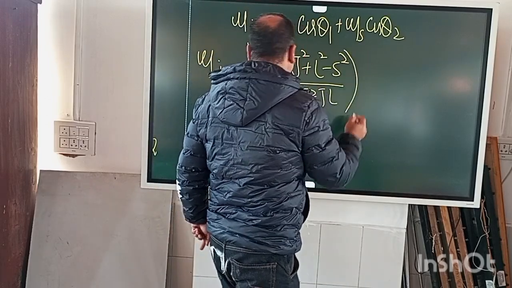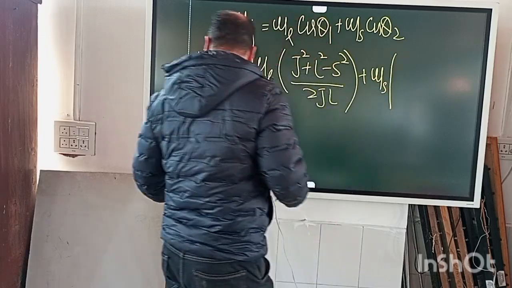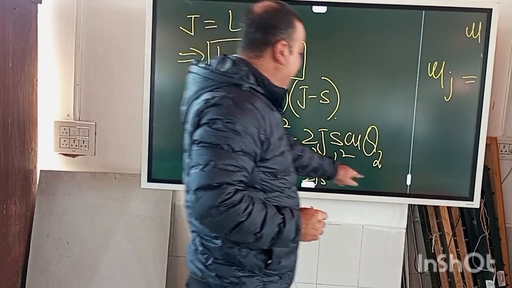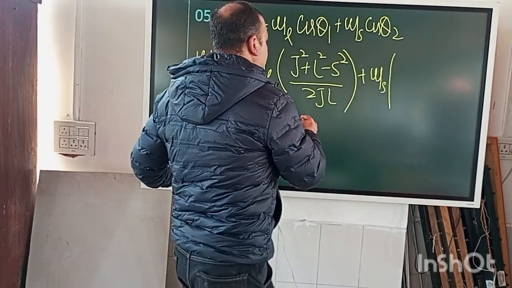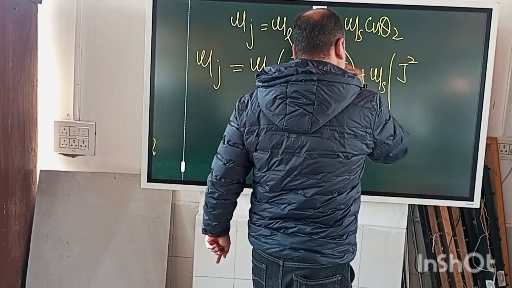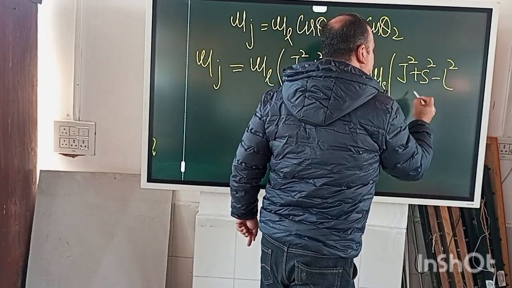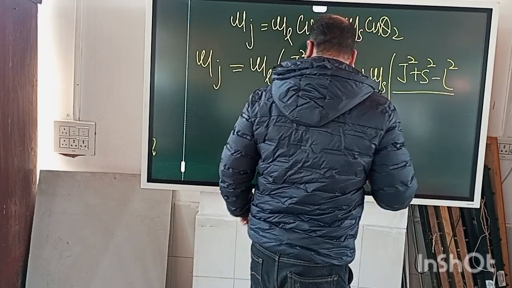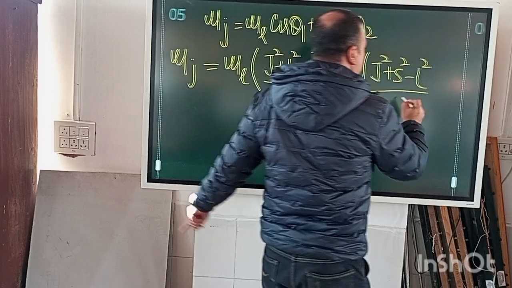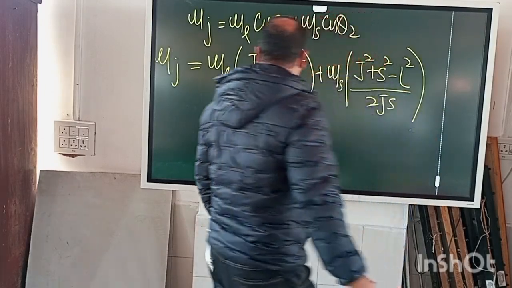Then I'll have plus mu S times J squared plus S squared minus L squared divided by 2JS. Okay, this is it.